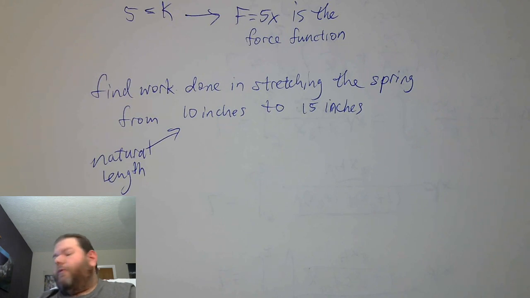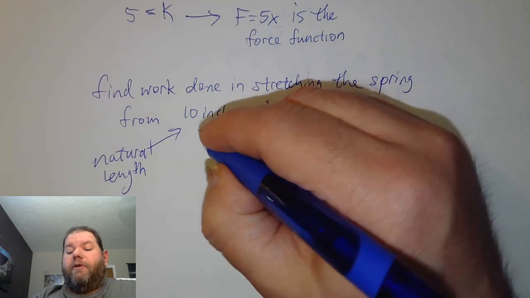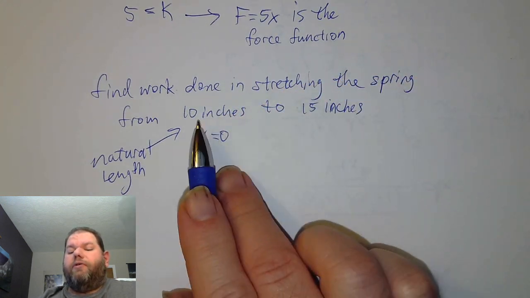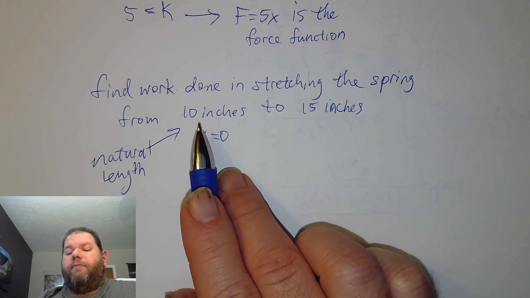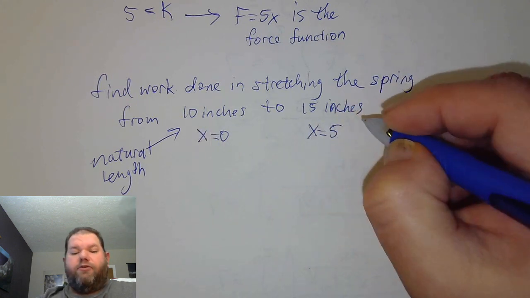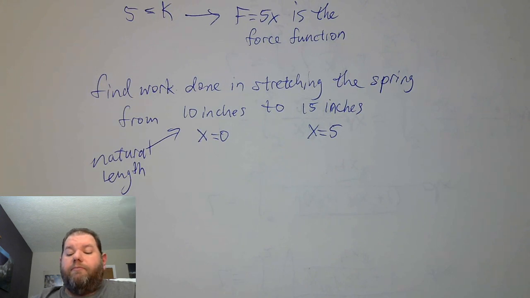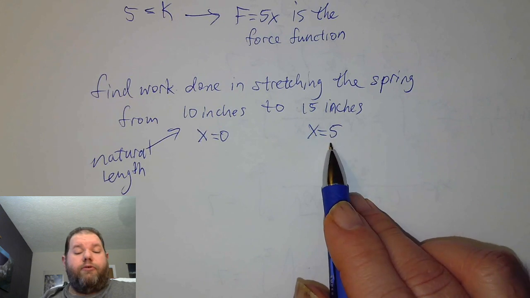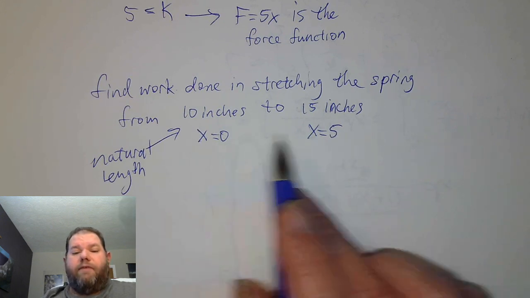Okay, well, if the natural length is 10 inches, then that corresponds to x equals 0. And if we're stretching it from 10 to 15 inches, that means we've shifted it by 5 inches from its natural 0 position. So this corresponds to x equals 0, then this will correspond to x equals 5 because they're 5 inches away.